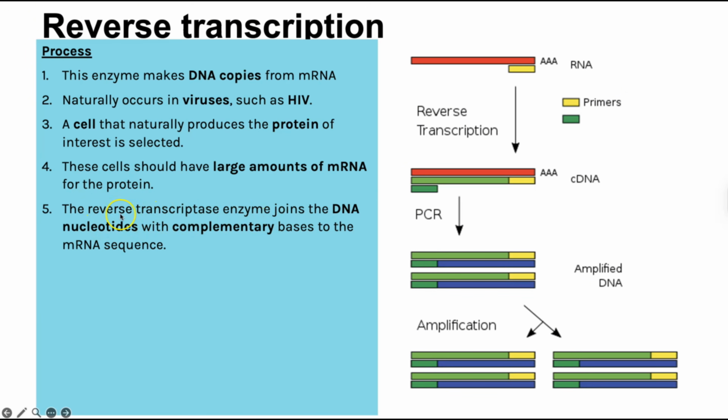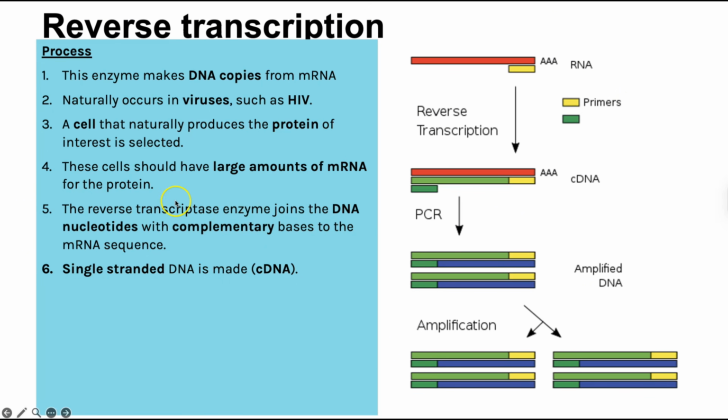And what that will do is reverse transcriptase can join DNA nucleotides together, so via a condensation reaction, creating phosphodiester bonds, based on mixing together DNA nucleotides, exposing it to this mRNA, and the complementary bases will be attracted and aligned, and then reverse transcriptase can join to create that new DNA molecule.